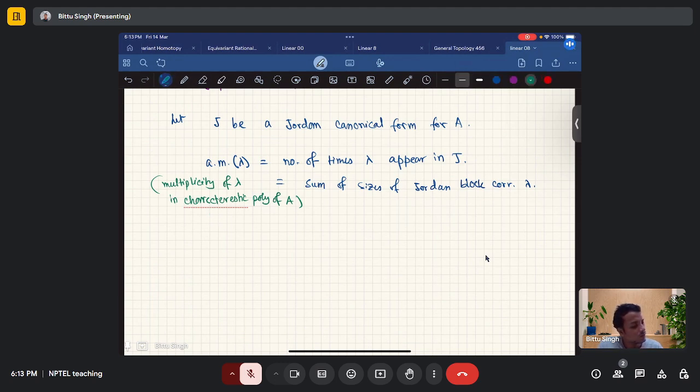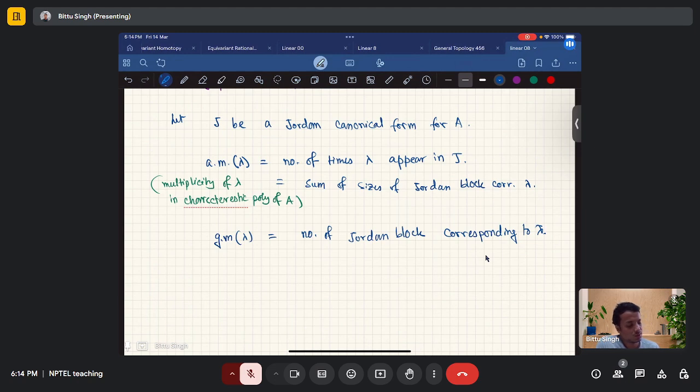And another thing, geometric multiplicity of lambda, this is the same as the number of Jordan blocks corresponding to lambda.